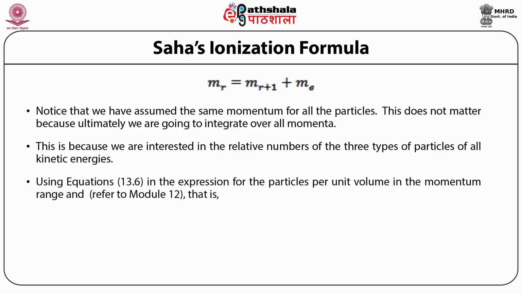Now, using the above equation in the expression for the particles per unit volume in the momentum range that we have discussed in the previous module, that is dn_p equals g into 4 pi p squared dp divided by h cubed into e raised to the power eta into e raised to the power minus p squared divided by 2mkT.